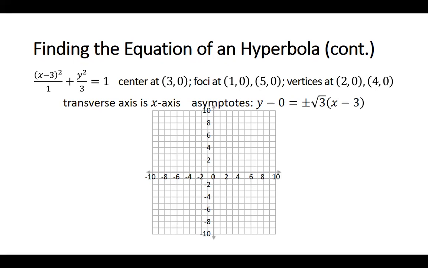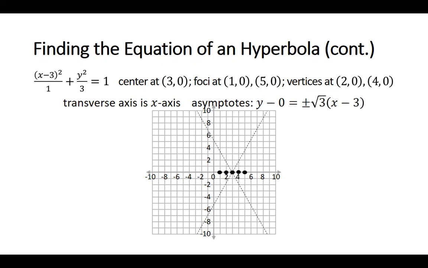So let's start plotting these things, see what we've got. So the center is at 3, 0, foci at 1, 0 and 5, 0, vertices at 2, 0 and 4, 0. Obviously, the transverse axis is the x-axis, as everything's falling along there. The asymptotes are y minus 0 is equal to the square root of 3 times x minus 3, and y minus 0 equals negative square root of 3 times x minus 3.